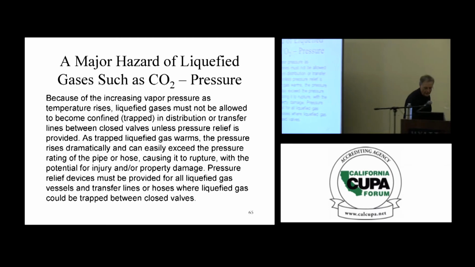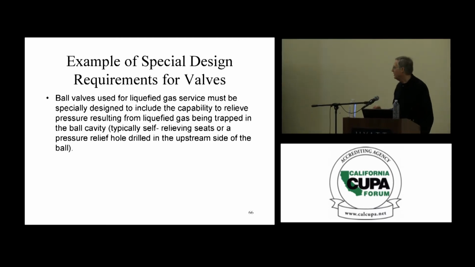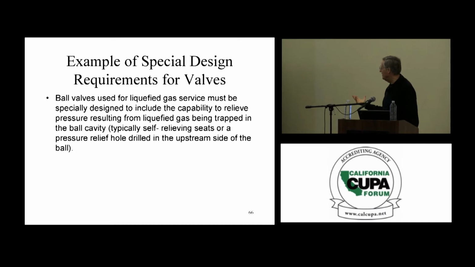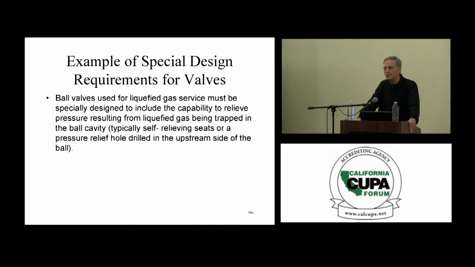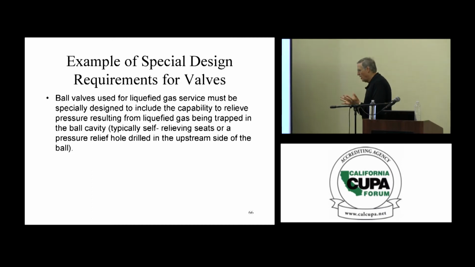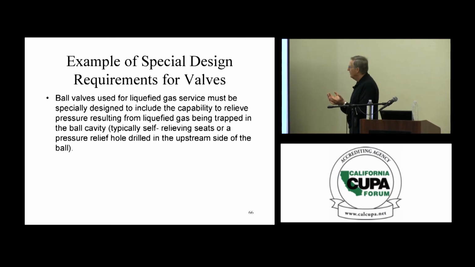So that's why they're designed that way when you see CO2, and they also have to have special design features. For example, when you have a ball valve in a liquefied gas system, where you can go from a liquefied gas to a vapor, the ball valves are specially designed to relieve pressure resulting from liquefied gas being trapped in the ball cavity when you close the valve.